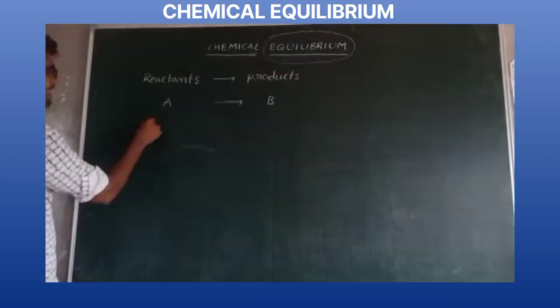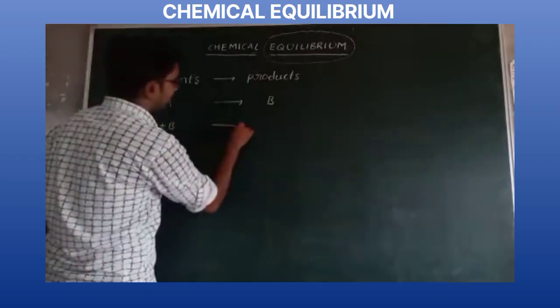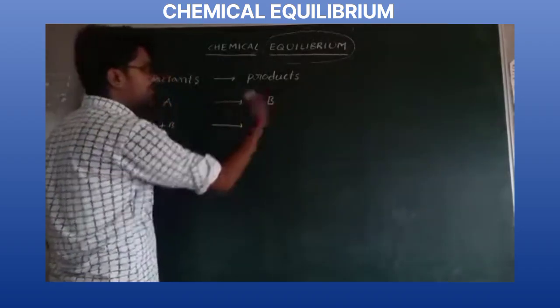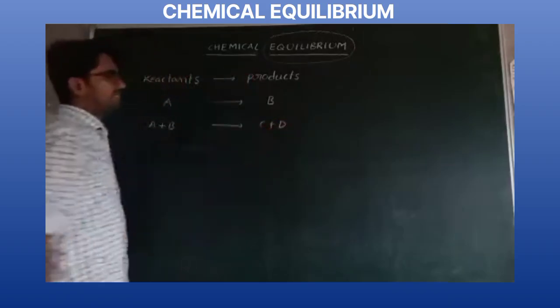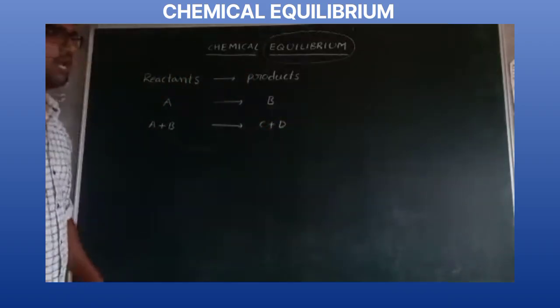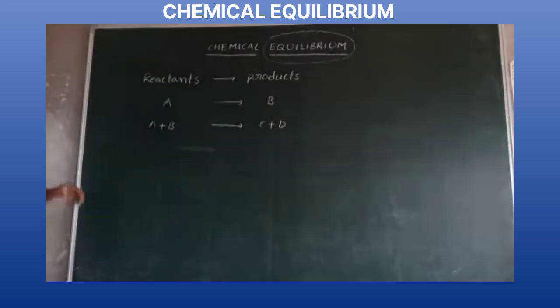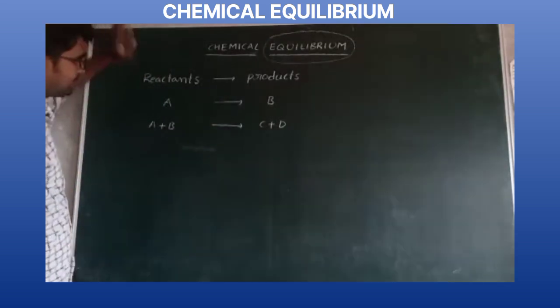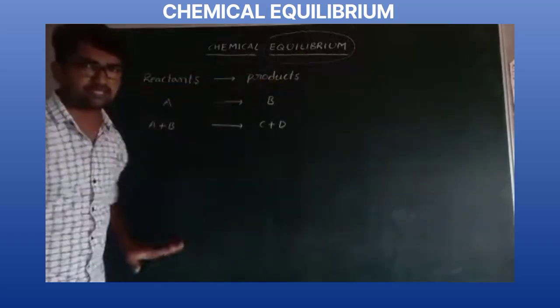Sometimes more than one reactant is involved in the reaction, and those give a single product or more than one product. That depends on the nature of the reaction and the reactants used. So in any chemical reaction, reactants and products are present.